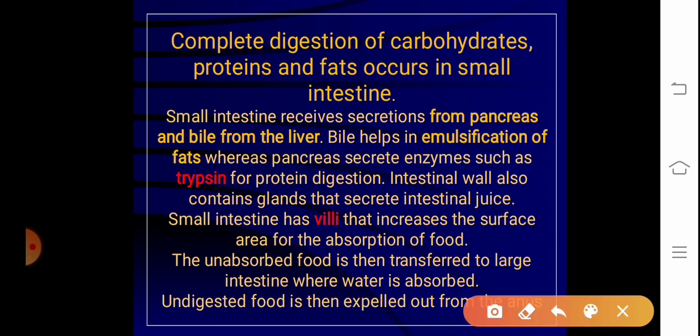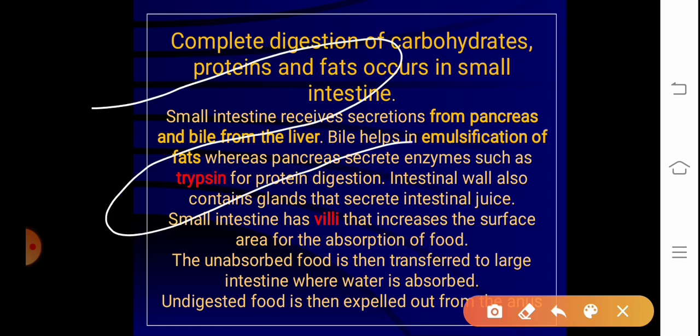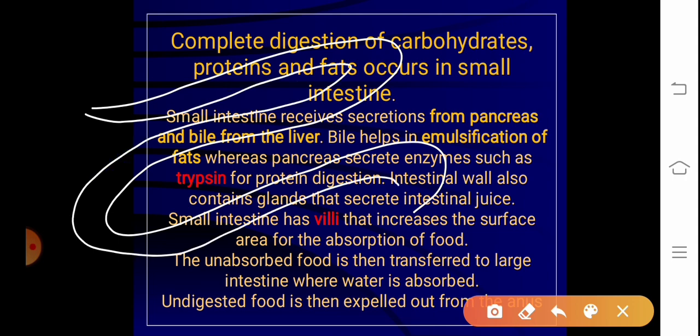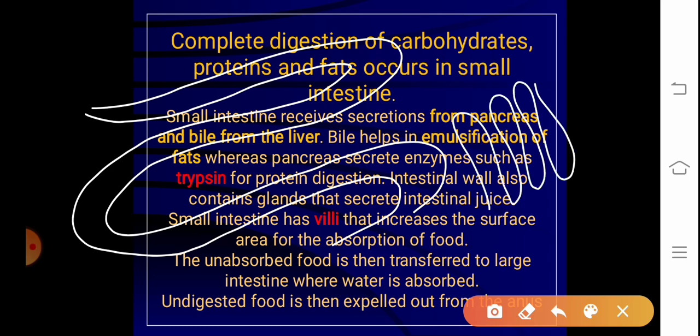As I was telling you, the complete digestion takes place in the small intestine. Once the food is completely digested, where does it enter? I'm just drawing the small intestine now. The wall of the small intestine has finger-like projections, called villi, and these are enriched with blood vessels.